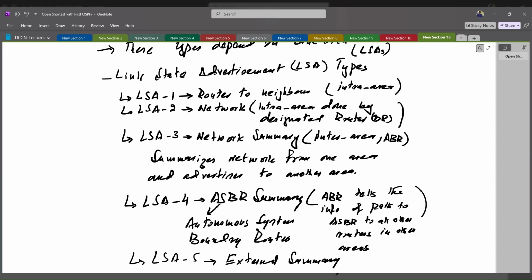वैसे LSA 6 है. LSA 6 is for multicast OSPF.